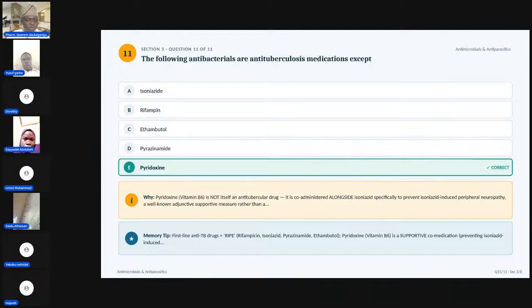So somebody will just look at the pyridoxine and say, no, but this is what it is. Or I will put three, maybe isoniazid, rifampicin, and pyridoxine, and none of the above. So if I were setting the question, I could put options A to C, then options C to E, and then none of the above, and then all of the above, so that somebody can get confused.